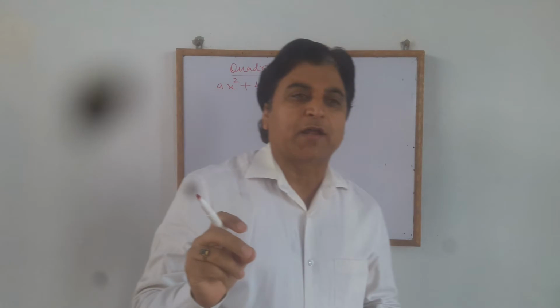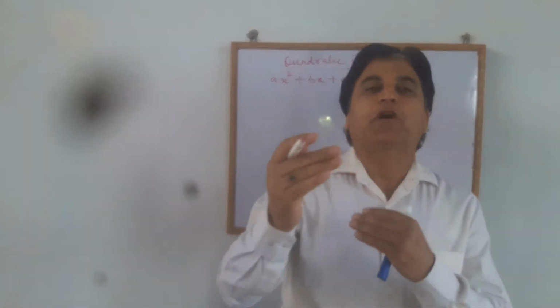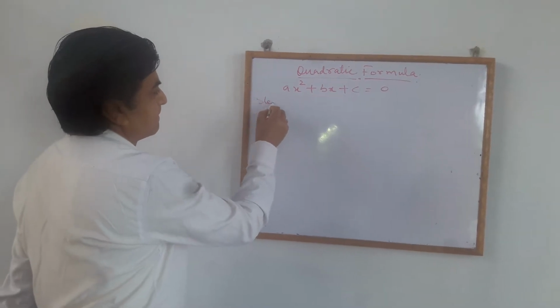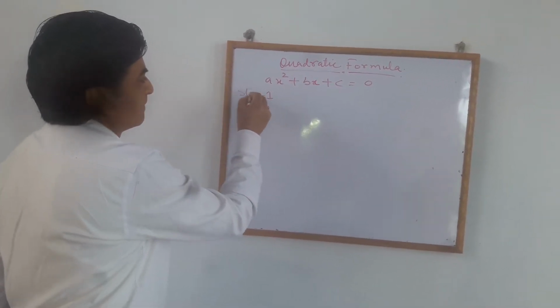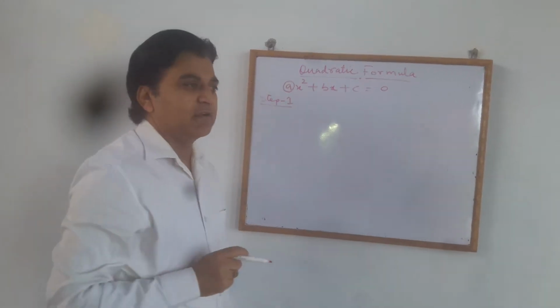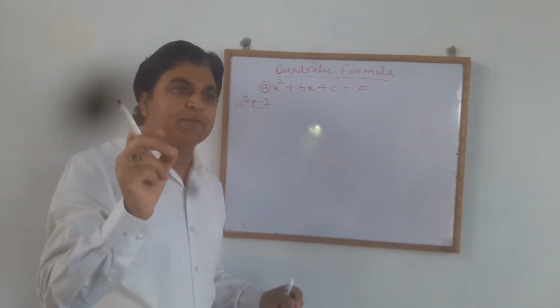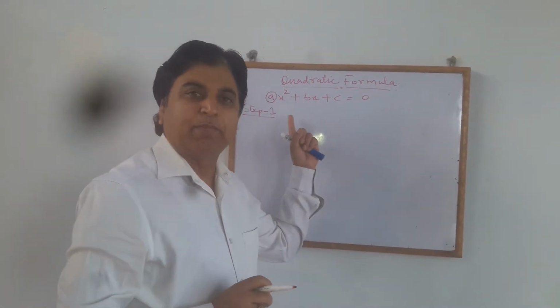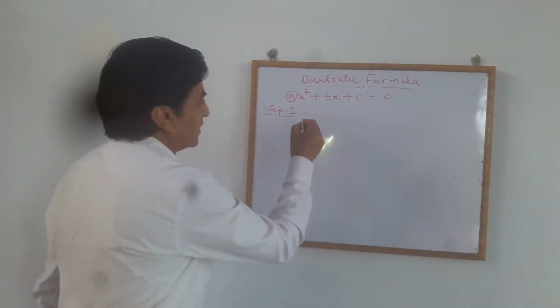To derive the quadratic formula from this general form, we have to follow certain steps. Step 1: if we look carefully, what is the coefficient of x square here? It is a. So we have to divide both sides, LHS and RHS, by the coefficient of x square.